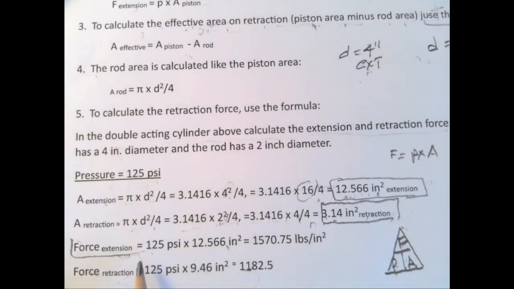So here's the pressure, 125 psi, times the area, 12.566 square inches. And that equals 1,570.75 pounds per square inch. That's extension.